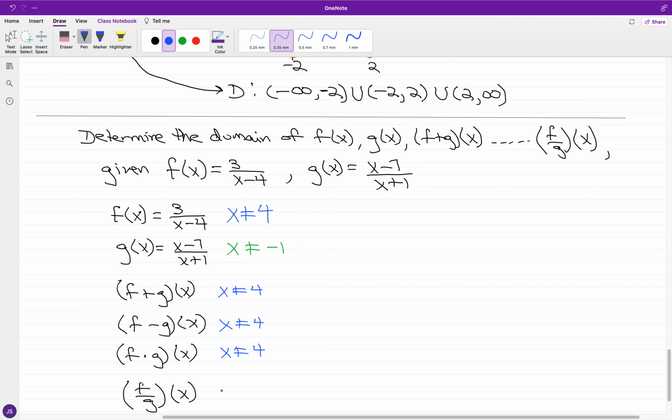Even with the quotient function, I had to be able to work with f of x, so x still cannot be 4. And also I had to be able to work with g of x, so x cannot be -1 either.